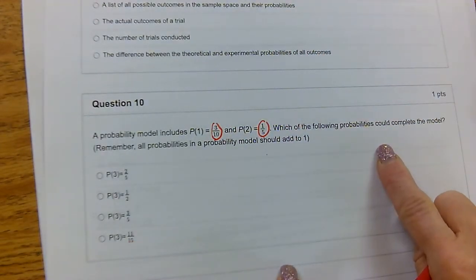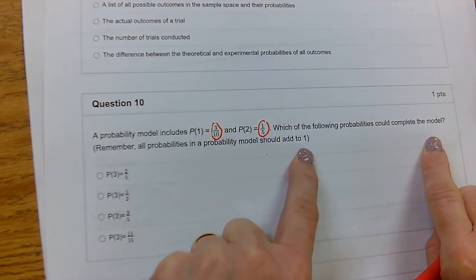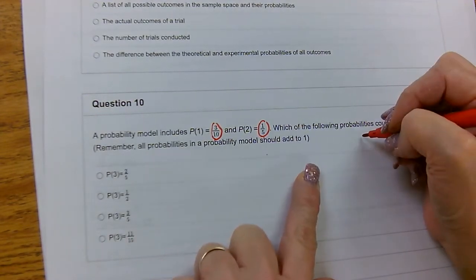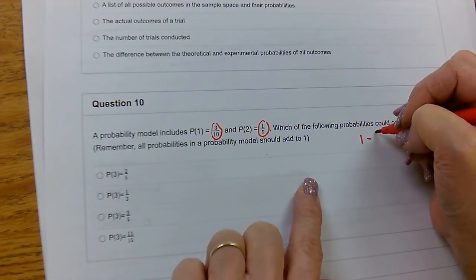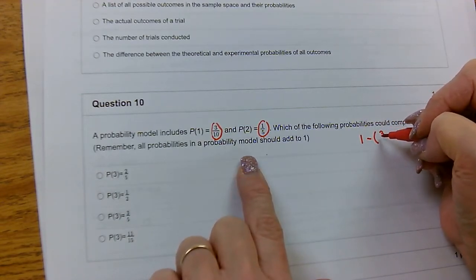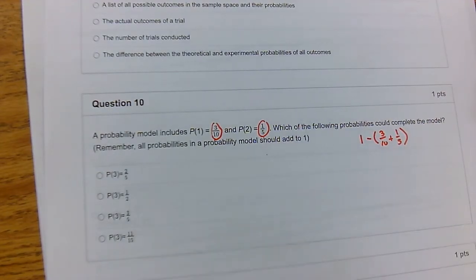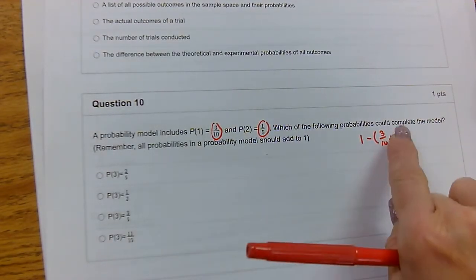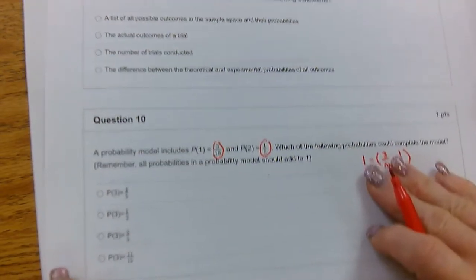Which of the following probabilities could complete the model? Remember, all probabilities in a model should add up to 1. All right, so that means that 1 minus this total, you can even type it in the calculator with your parentheses, 3/10 plus 1/5 would give you your answer. But you got to add these before you subtract it from 1, so you got to put your parentheses in there. All right, question 11.